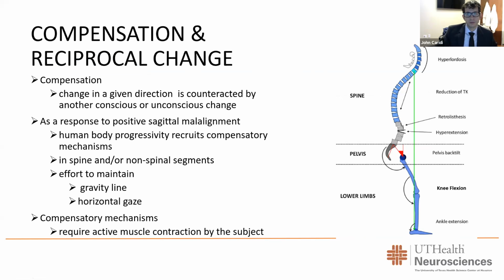Part of this concept is to understand that there are compensations and reciprocal changes whenever the spine has a force acted upon it. So a compensation is a change in a given direction that is counteracted by a conscious or an unconscious change.